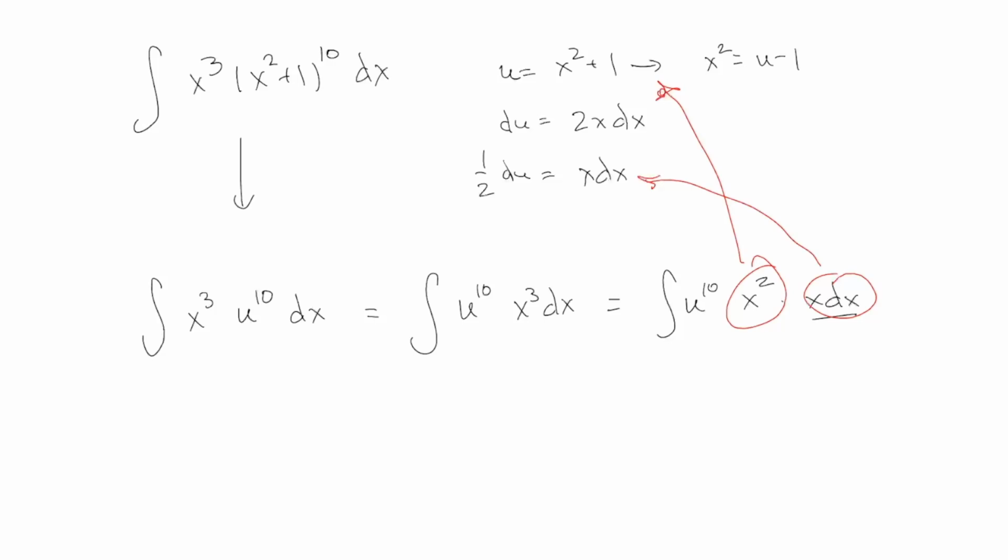That's what she said. Isolate the x squared there. And so when we plug in, the x squared part becomes u minus 1. The x dx becomes 1/2 du. And this is the hard part. x squared becomes u minus 1. And then x dx becomes 1/2 du.